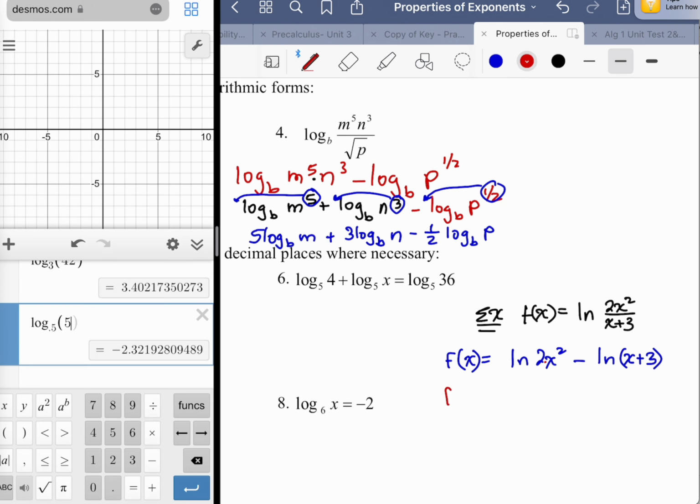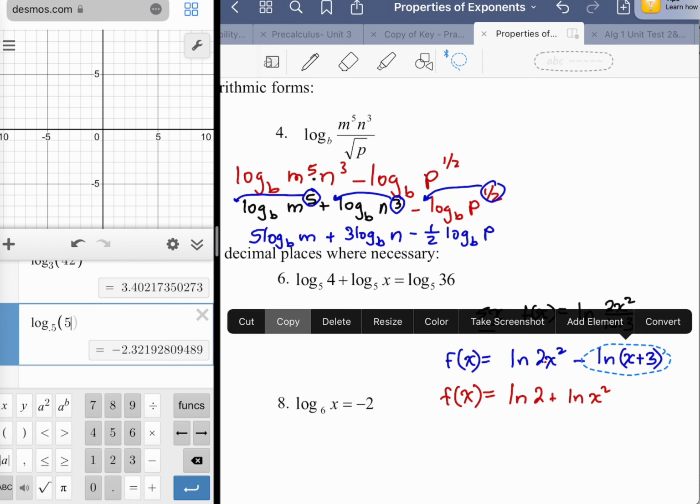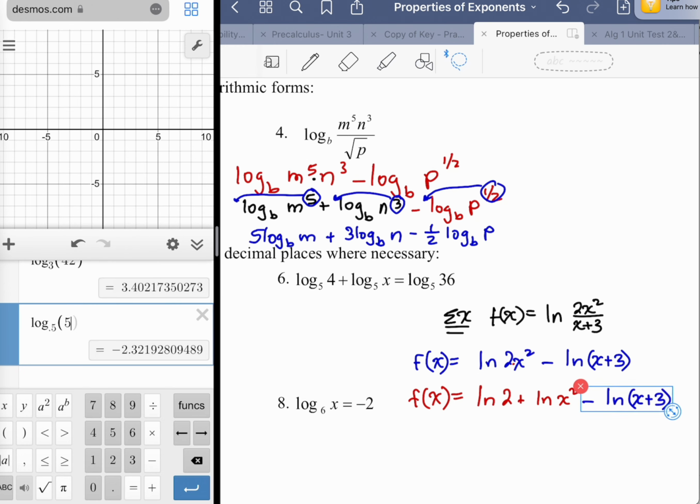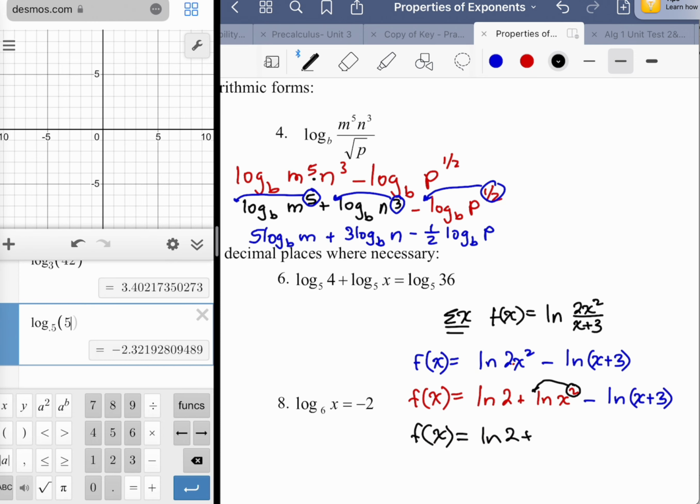So that tells me I could take my f of x and make it equal to ln of 2 plus ln of x squared minus, we still have that other part there, and then we could apply our power rule here to get a revised function, ln of 2 plus 2 ln of x minus ln of x plus 3.